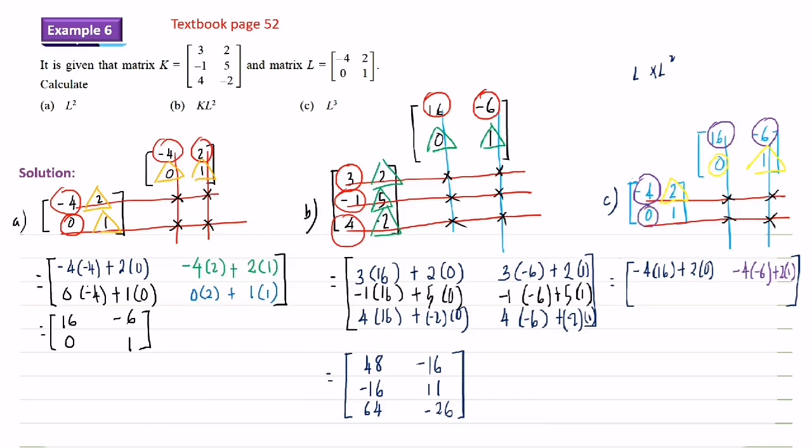Second row, first column: 0 times 16 plus 1 times 0. And second row, second column: 0 times negative 6 plus 1 times 1.